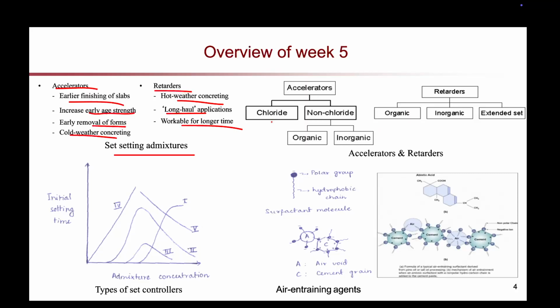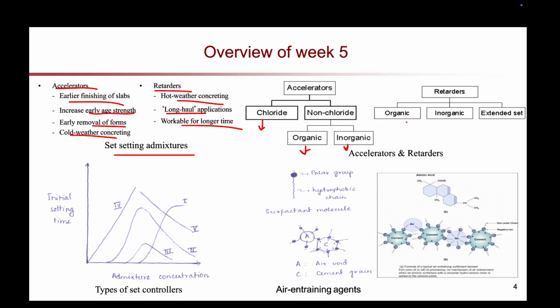Chloride based accelerators are mainly calcium chlorides or sodium chlorides, and among non-chlorides, in the inorganic case we have nitrates, nitrites. In organics we have amines. Those are a few examples of accelerators.